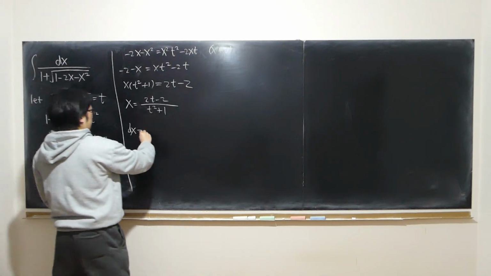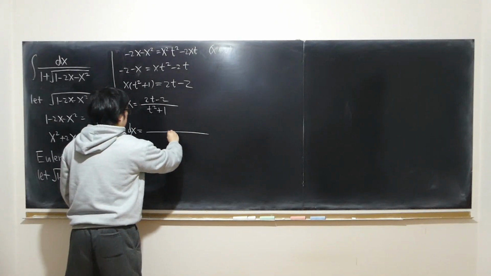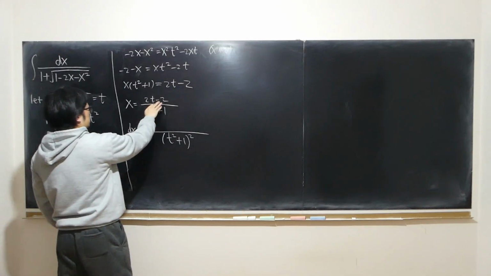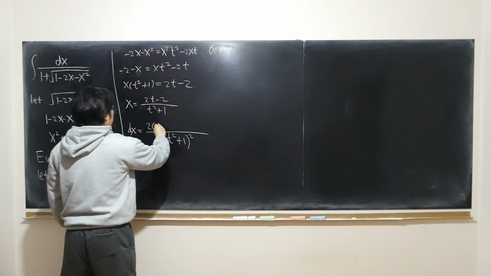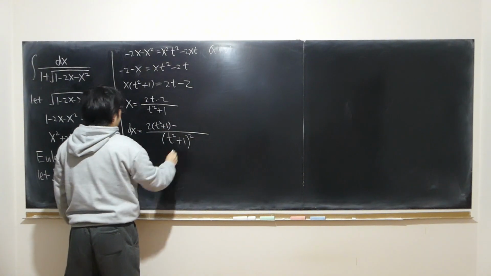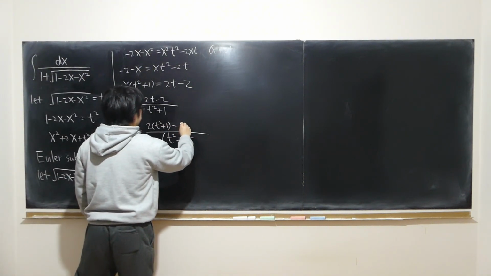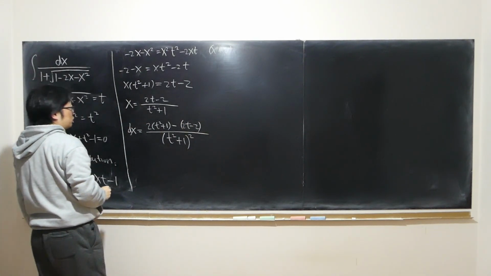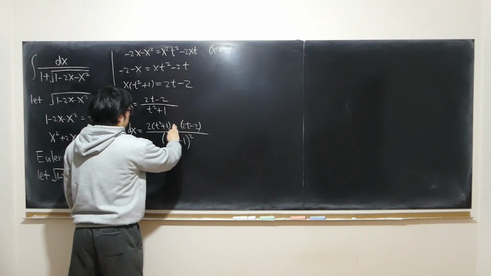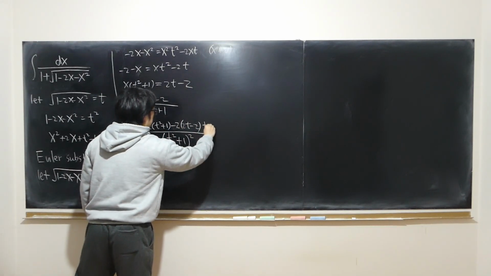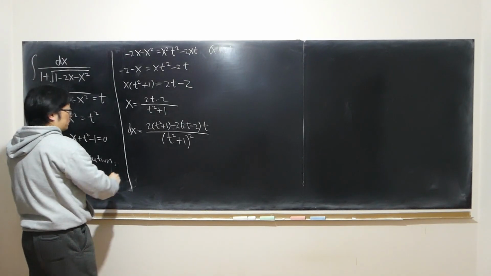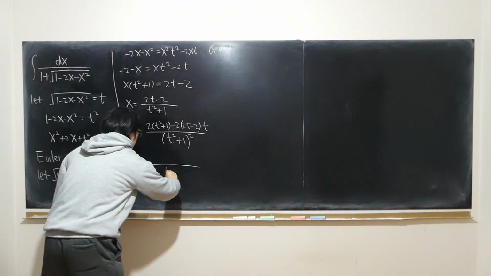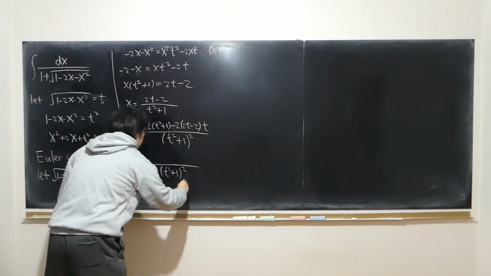Denominator squared: differentiate the top, copy down the bottom, minus copy the top, differentiate the bottom, 2t, so minus 2t, all over t squared plus 1 squared.